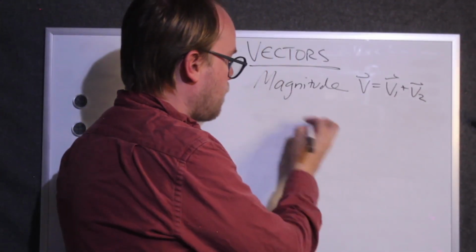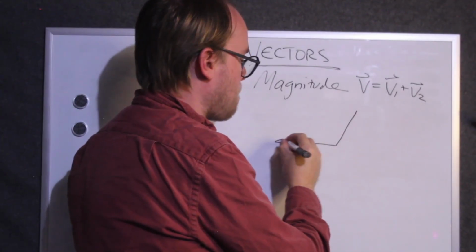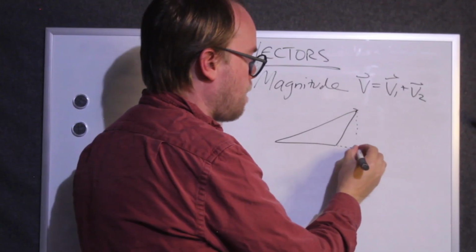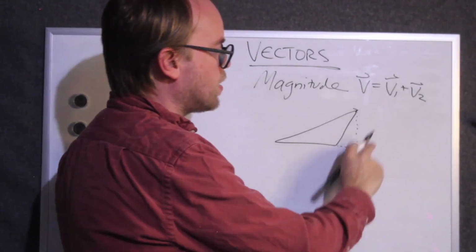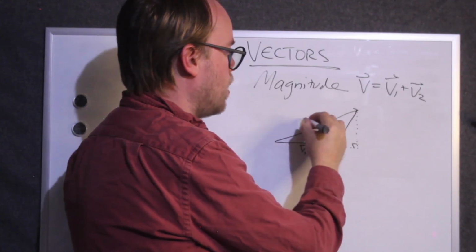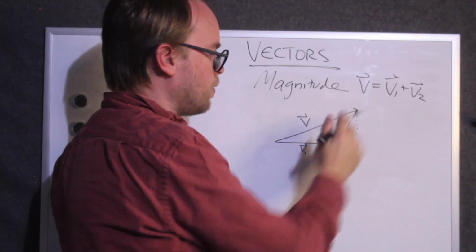So we're going to say this is V1, and this is V2, and this is V. Okay? V is equal to V1 plus V2.